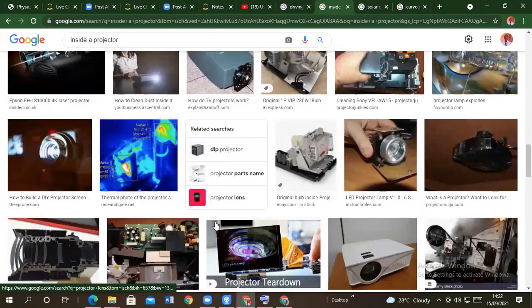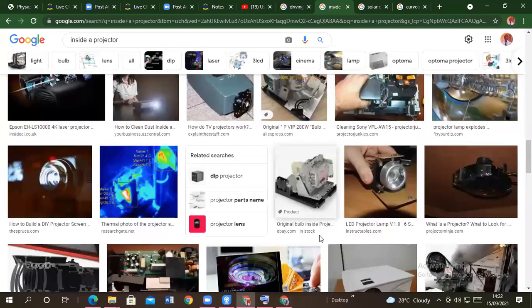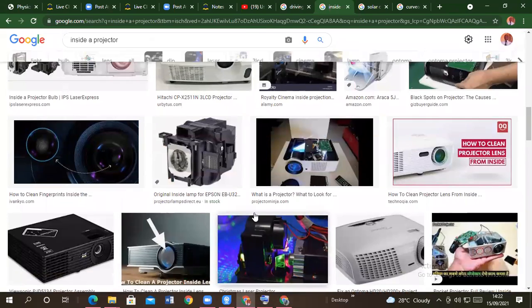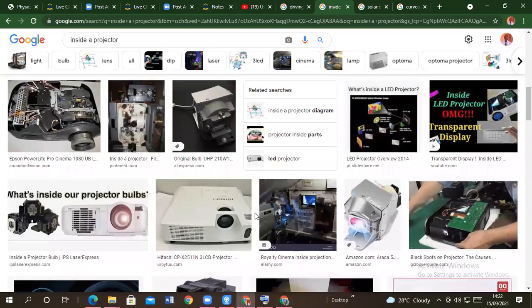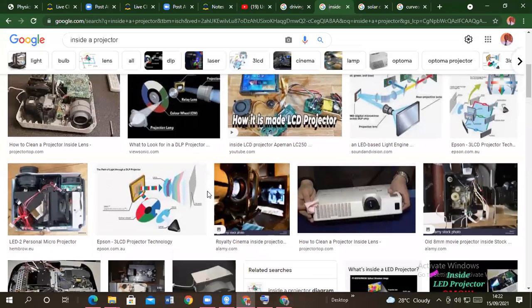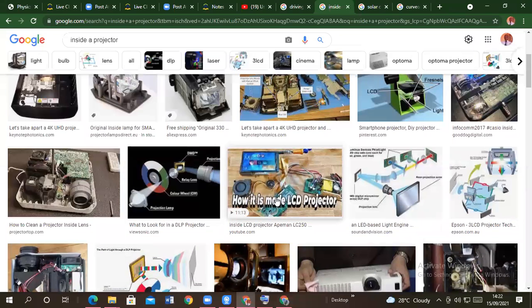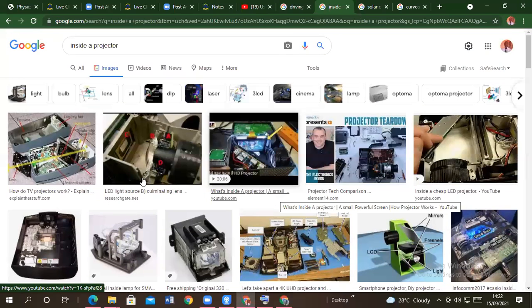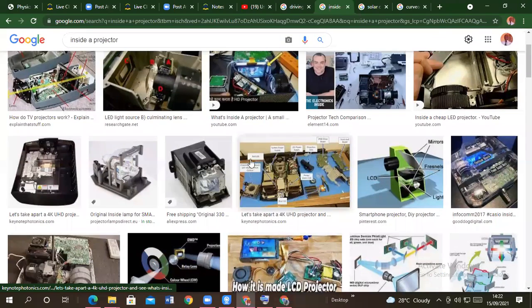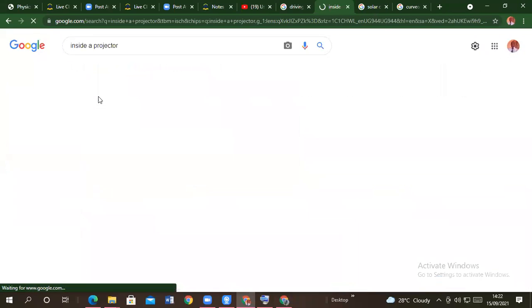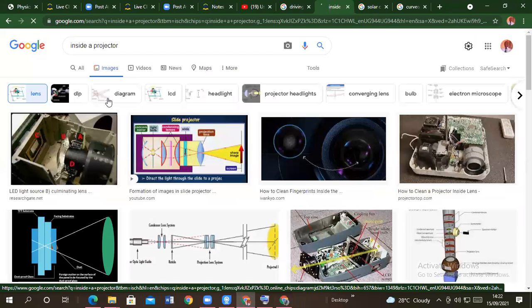So they have shown us inside a projector, and this is what I was looking for. So all these things are sophisticated. But please, if you have a projector, don't dismantle. I know Naruvega now your interest has increased so much. Don't dismantle. I failed to find a good image to show you. Let me see, maybe something here.